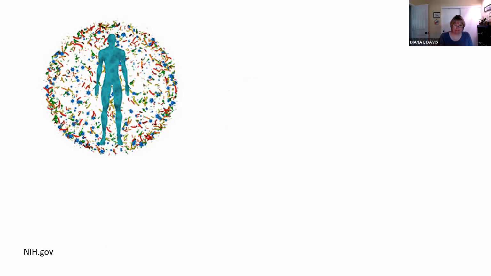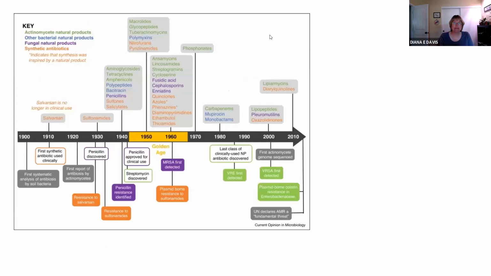Here we go. Another complicated graphic. So you can see this black arrow that runs from 1900 to 2010. And what we see is kind of the history of antibiotics.